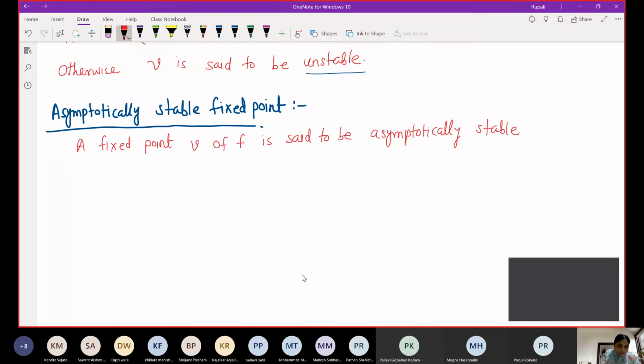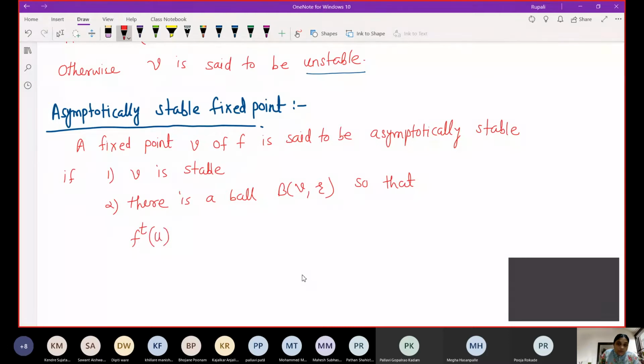First, it should be stable. So V is stable, stable meaning the earlier definition. And the extra condition is there is a ball B(V, R), an open ball centered at V with radius R, so that the t-th iteration of f at U converges to V as t tends to infinity for every U belonging to B(V, R).